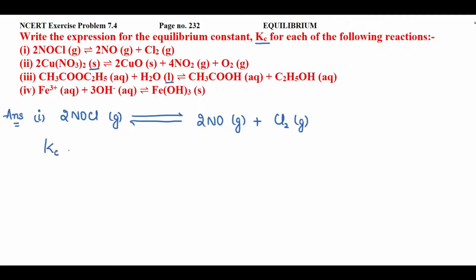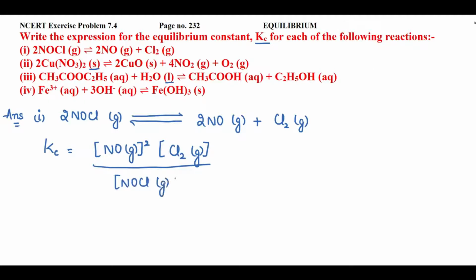So Kc, that is equilibrium constant, equals concentration of product, that means nitric oxide, raised to the power of its stoichiometric coefficient, so raised to the power 2, into concentration of Cl2, and we do not have any stoichiometric coefficient with it, so we will assume 1 over here, divided by concentration of nitrosyl chloride raised to the power 2. That means we will mention the stoichiometric coefficient over here, right?